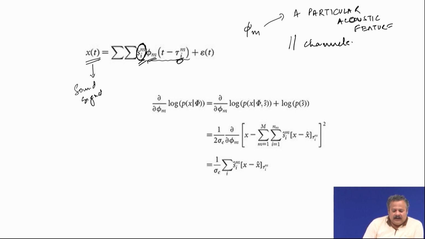If I take all the i's for all the m's and sum them over, that is the representation of the signal x(t).